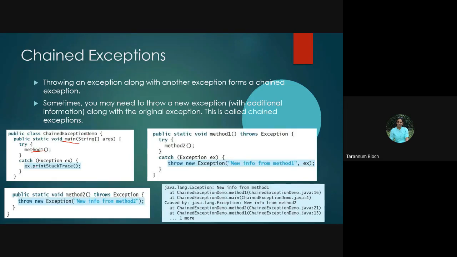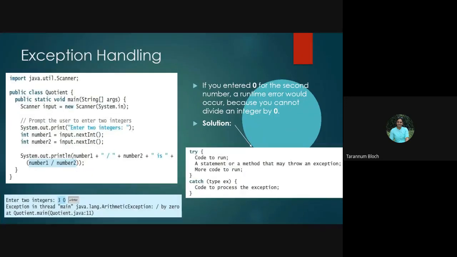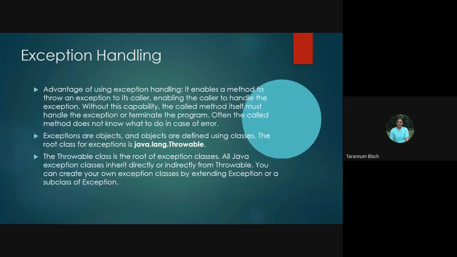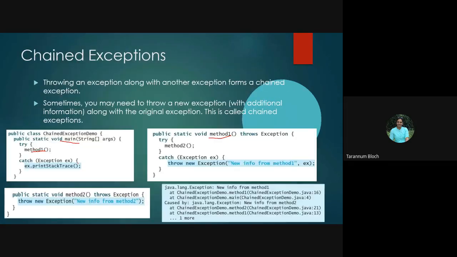Again, when we are executing method 1, method 1 may also throw an exception. So this is given here. Just a second. So method 1, which may throw the exception, is being caught here, right?